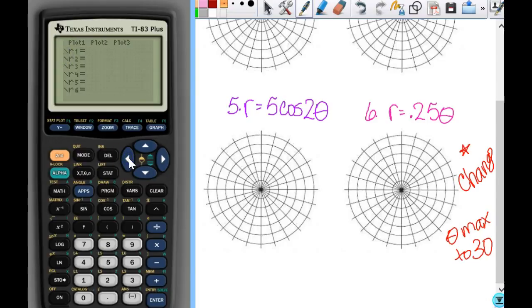So I'm going to arrow over there, hit enter twice so I can see what's happening, and then I'm going to do 3 plus 3 cosine theta. Okay. So when I graph it, I can watch my little circle graph it, right? And it graphs it, and you're like, bam, you're done.